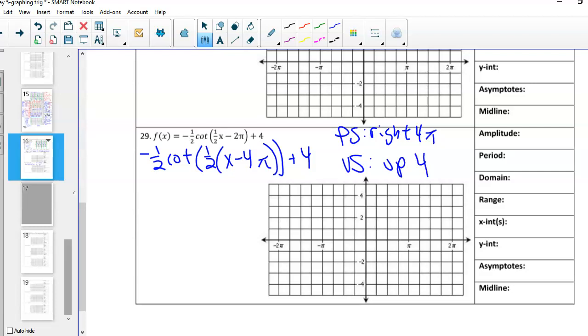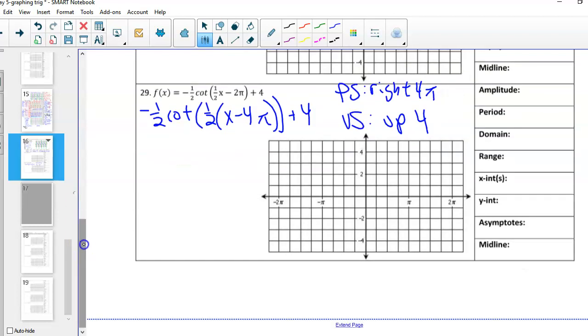28, you may be able to do without tables. 29, I did tables because of the stretch to see where it was. I'm going to use the table we just found for the parent function. So 0, pi over 4, pi over 2, 3 pi over 4, pi for your x's.